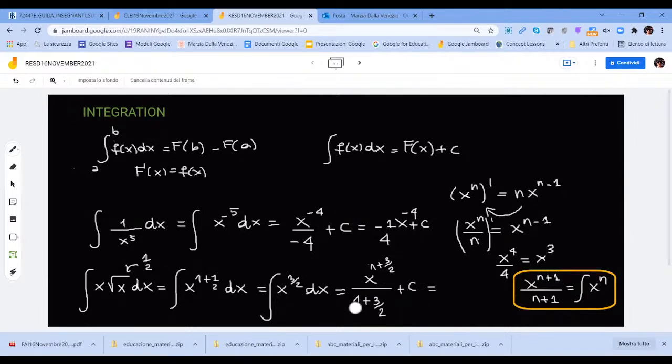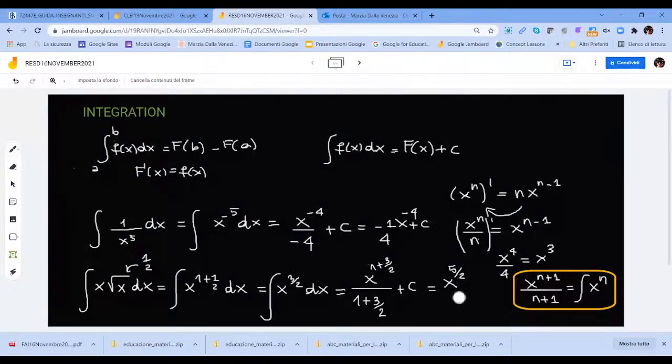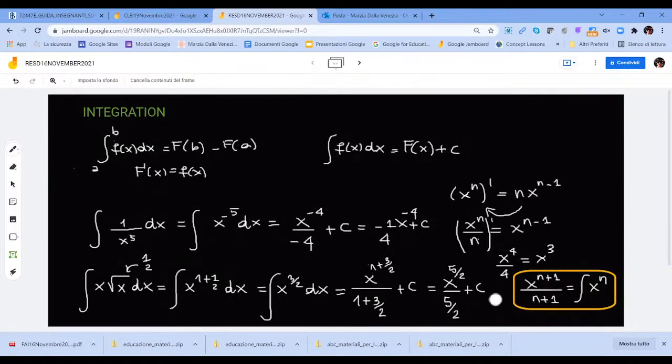This gives 1 plus 3/2 is 2 halves plus 3 over 2, that is 5/2. That means x to the 5/2 divided by 5/2 plus c.